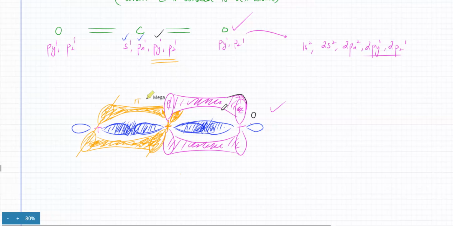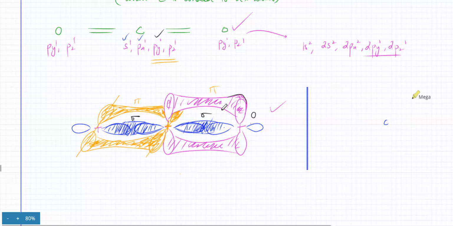There's a pi bond over here and a pi bond over here, and in the middle there are two sigma bonds. Okay, so this is how a carbon looks when it's bonded to two atoms. So it's going to be forming two double bonds.